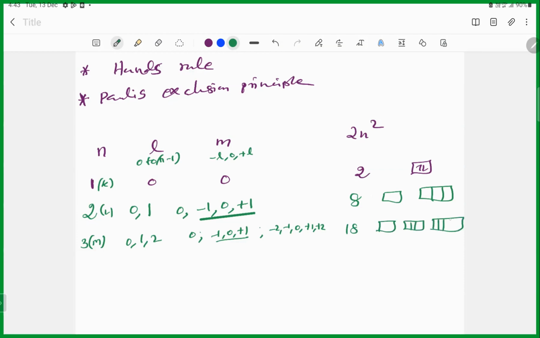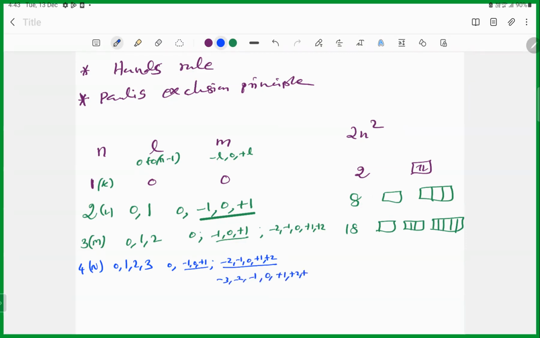Then n is 4, l is 0, 1, 2, 3. Then 0; minus 1, 0, plus 1; then minus 2, minus 1, 0, plus 1, plus 2; then minus 3, minus 2, minus 1, 0, plus 1, plus 2, plus 3.